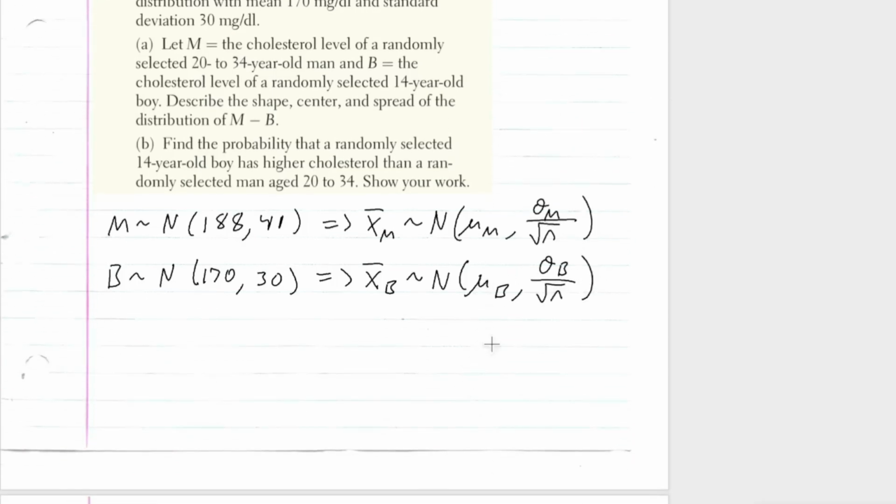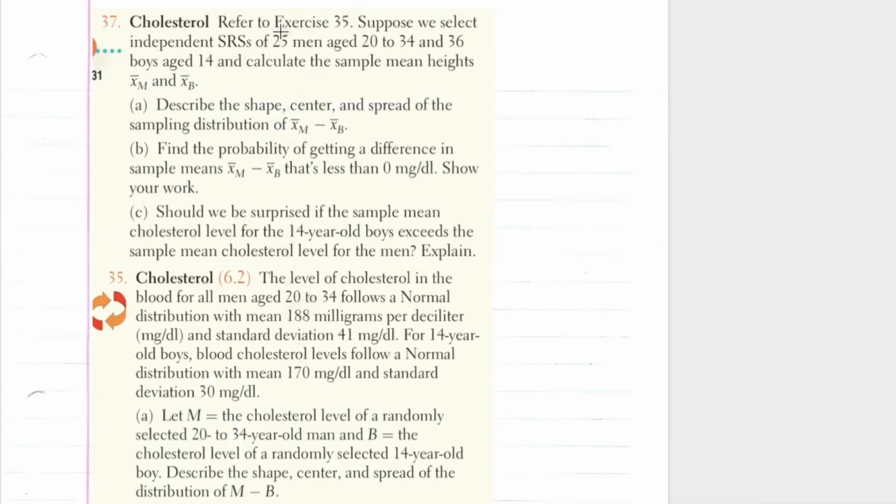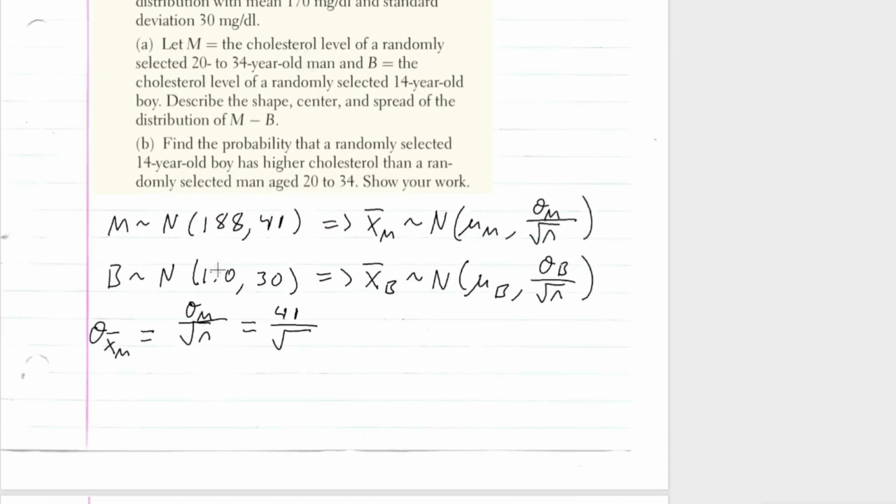All right, so let's go ahead and calculate these. We want to find the standard deviation of x bar m, which is the standard deviation of m over the square root of n. The standard deviation of m was 41 over the square root of the sample size, 25. This is the same thing as 41 over 5, which turns to 8.2.